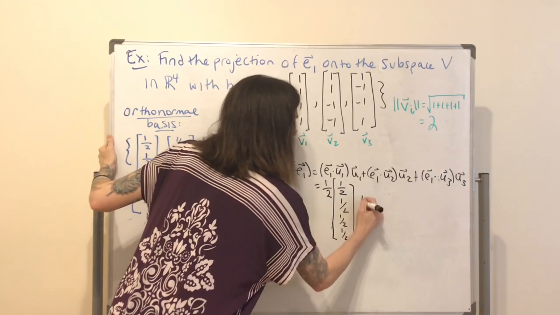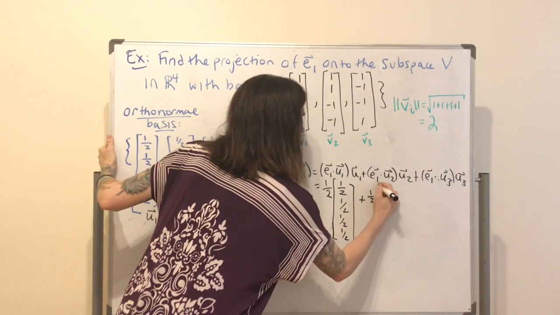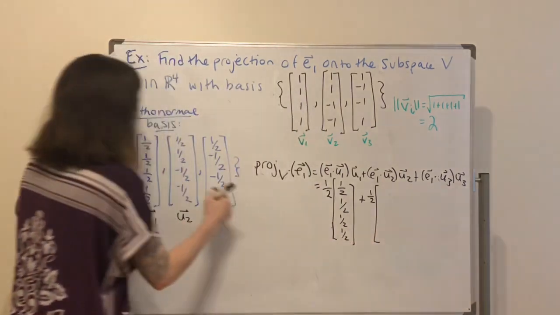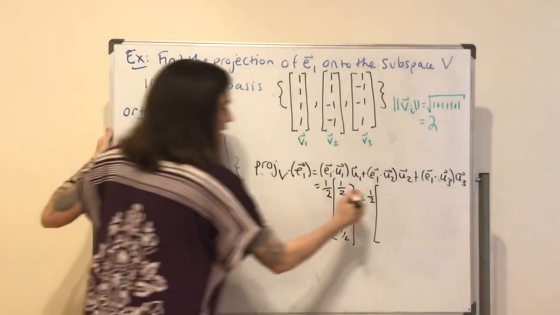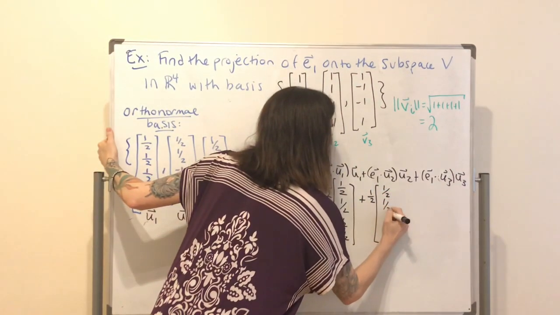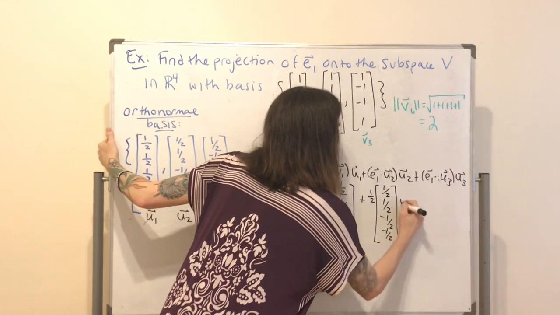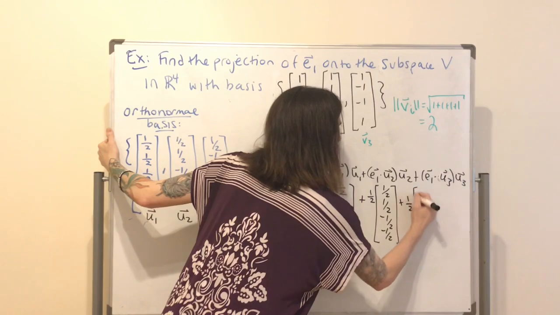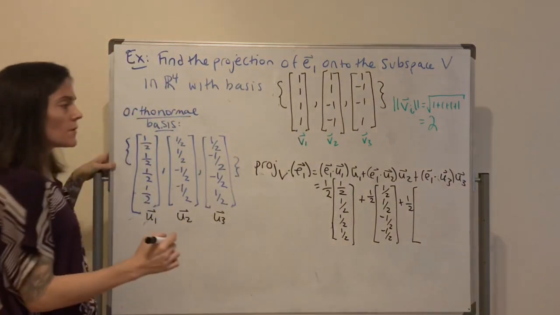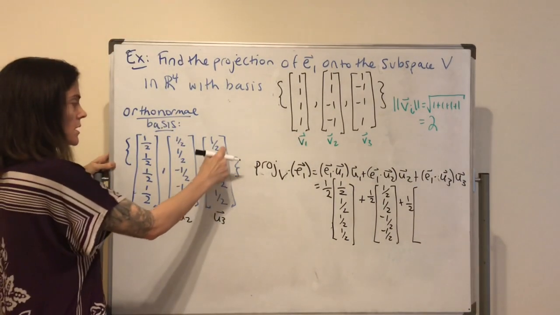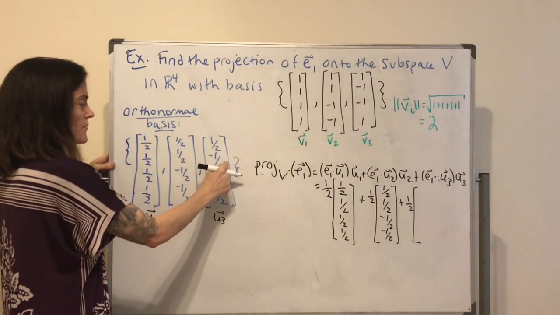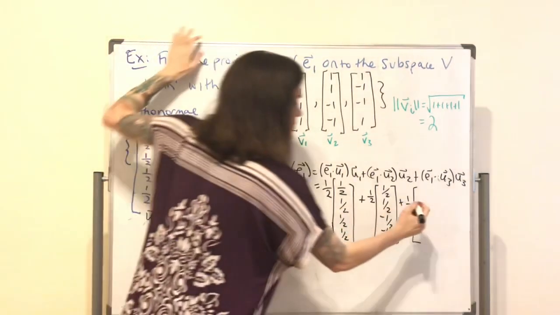Okay. And then this is another half, E1 dot U2. And then 1/2, 1/2, minus a half, minus a half. Finally, 1/2. Here, it's going to be 1/2, minus a half, minus a half, a half.